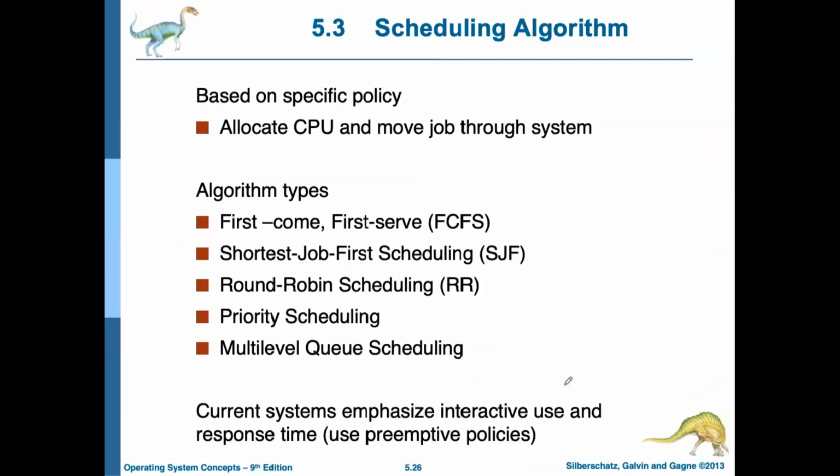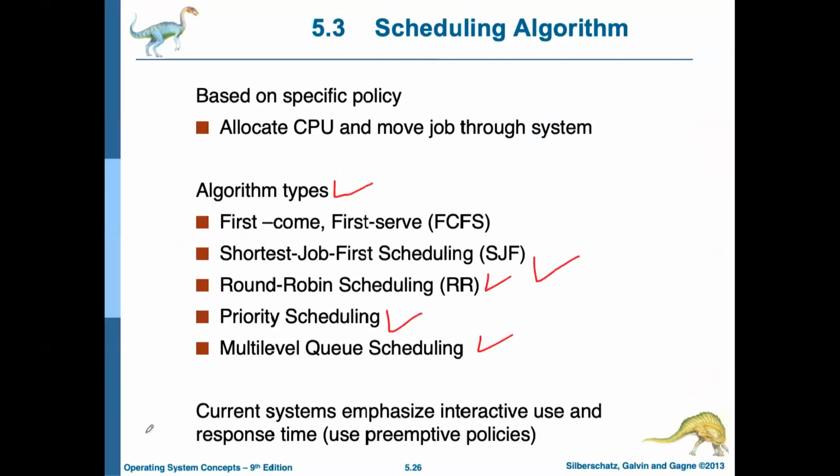Scheduling algorithm: based on a specific policy, allocate the CPU and move jobs through the system. Algorithm types: FCFS, first come first serve; SJF, shortest job first; RR, round robin; priority; multi-level queuing scheduling, and many more.